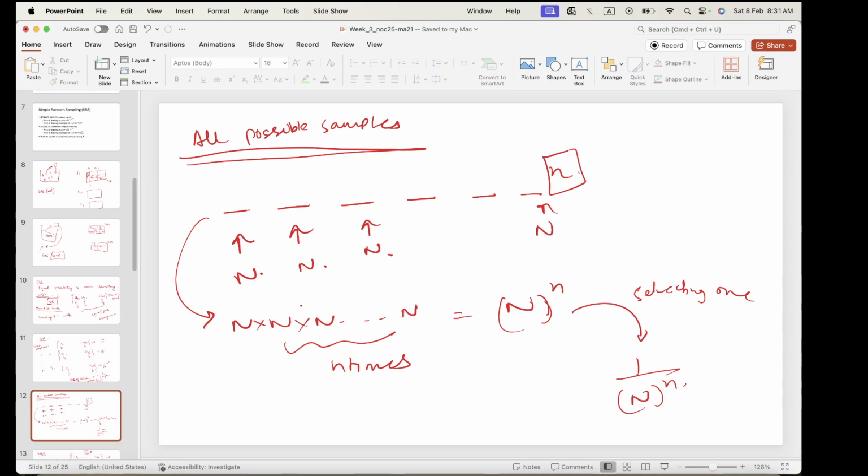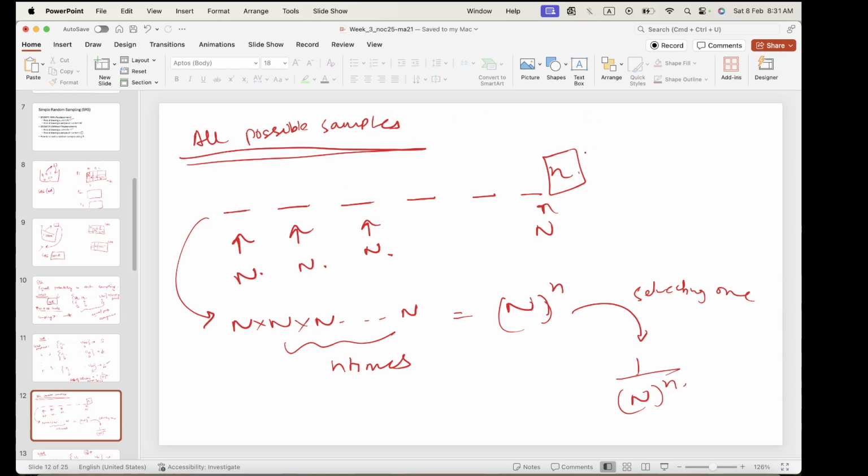If I am doing simple random sampling, out of all possible samples, I am selecting only 1, a typical sample.